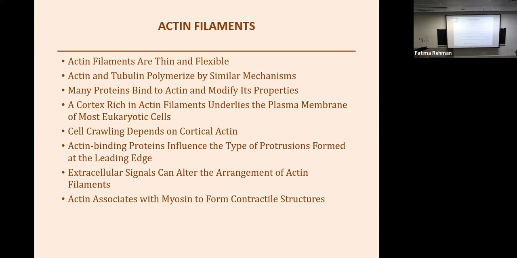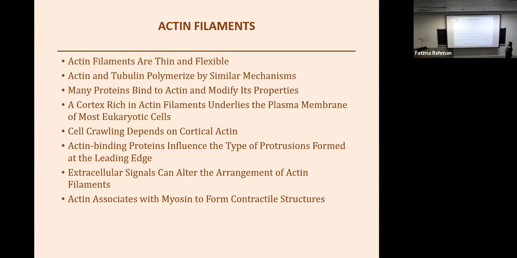Many different proteins are going to bind to actin, and depending on what proteins are binding to actin, it will have different functions, right? So if it's binding to spectrin, it's going to be part of the cortex. If it's binding to another protein like CDC42 or another thing, then it's going to have functions in regulation or movement. So depending on what it binds to, it will have different functions.